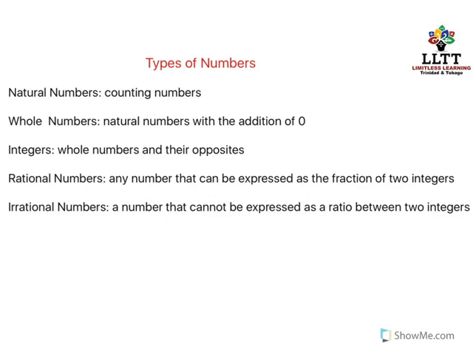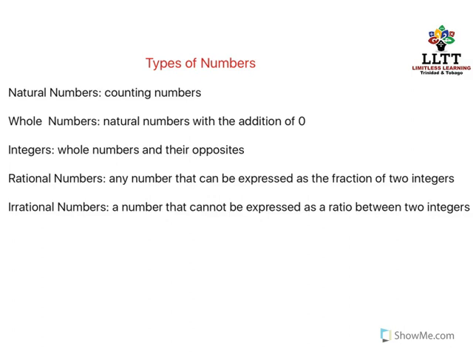Thus far, we would have encountered the first four types, which are natural numbers. Natural numbers are counting numbers, basically 1, 2, 3, 4, 5, 6, 7, 8, 9, 10, onwards to infinity. Our whole numbers are different from natural numbers, whereas we've now added 0 to our natural numbers.